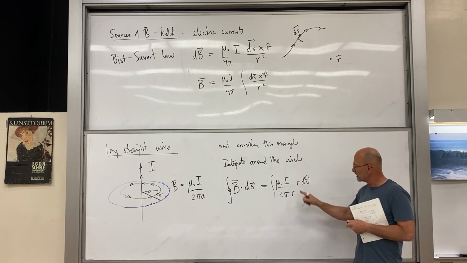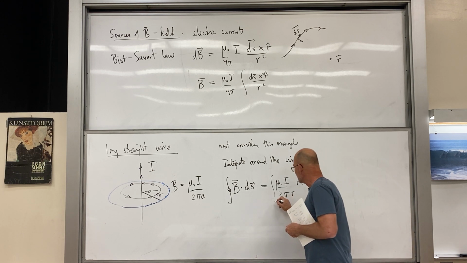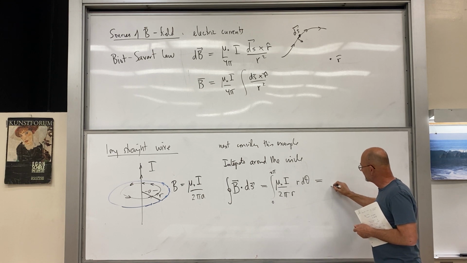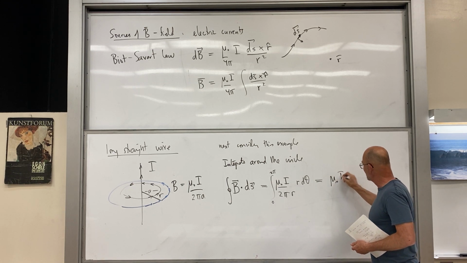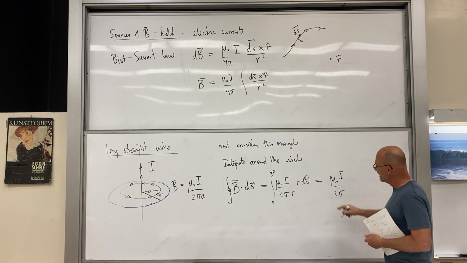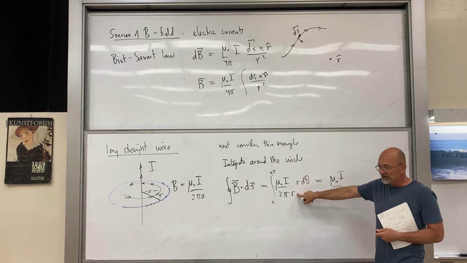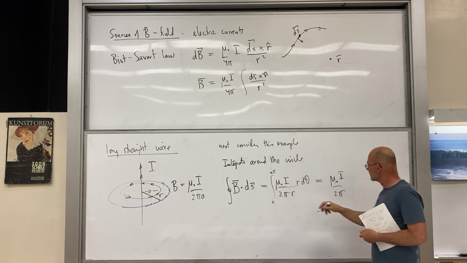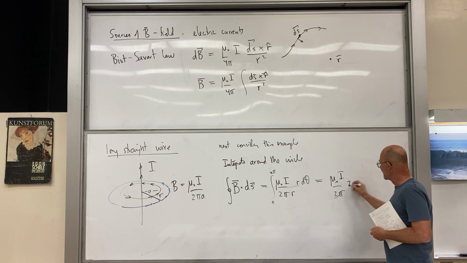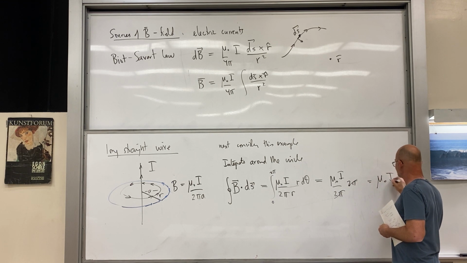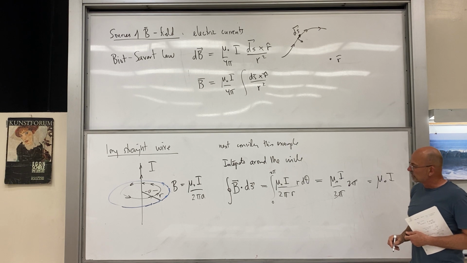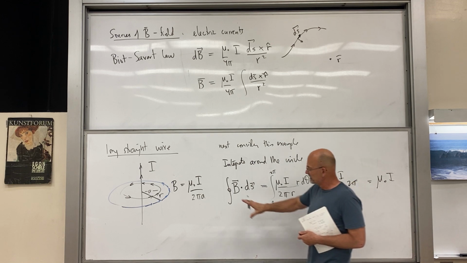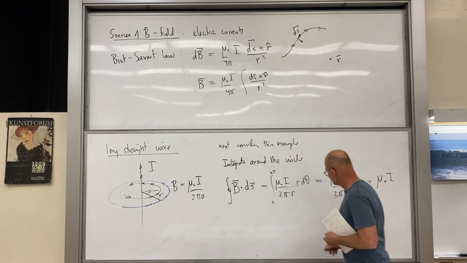That's our ds. R d theta goes around the circle. And when the dust settles, what do we have? We have mu naught I over 2 pi. R over R cancels. Then the integral of d theta, 0 to 2 pi, just around the circle, gives us a 2 pi. That cancels, so we have mu naught I. It looks almost the same as what we had before, just making use of this expression.